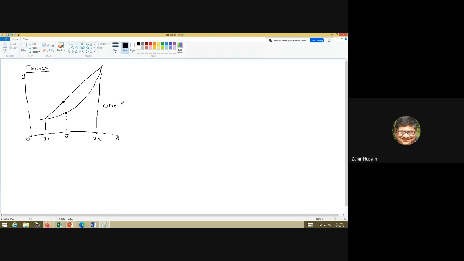So what we get is the curve or the function lies below the line. In this case, it is a strictly convex curve, but we can think of a weakly convex or simply convex one.